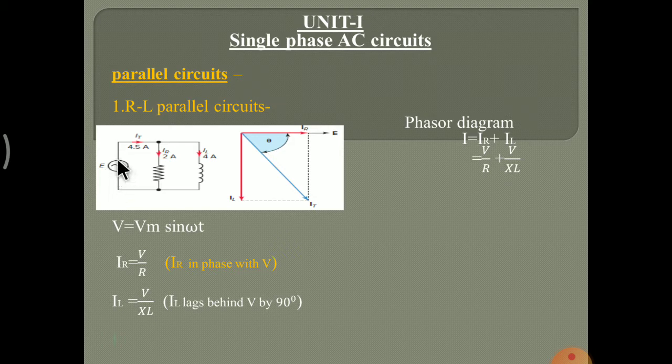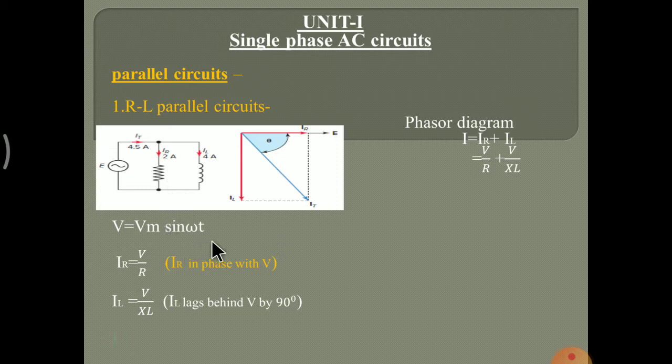The current flowing through this supply is the total current IT or I. This current is again divided into two branches, resistor and inductor. The current flowing through the resistor is IR, and the current flowing through the inductor is IL.